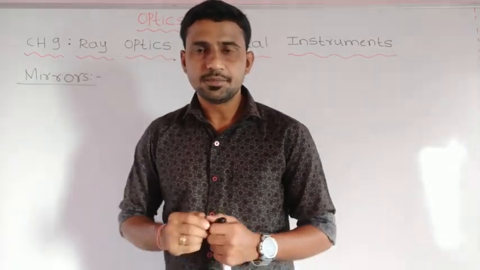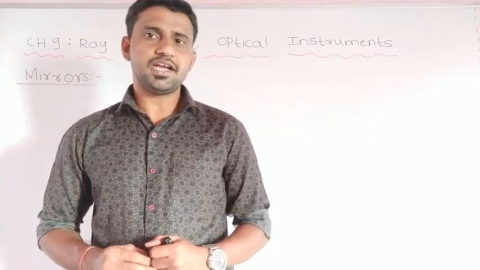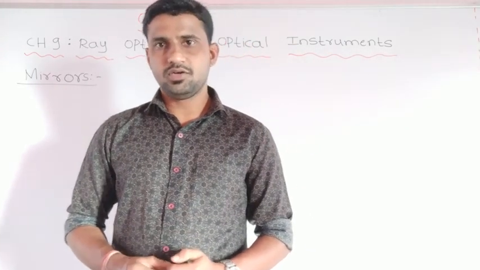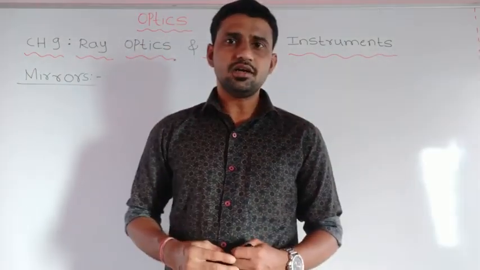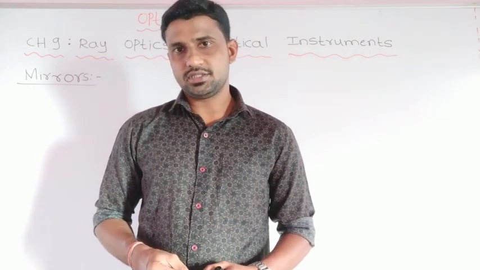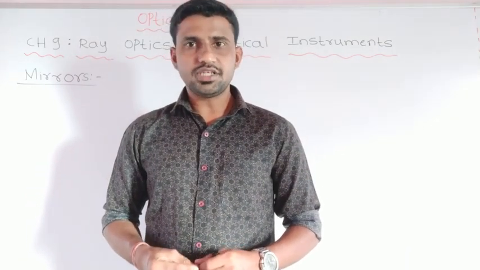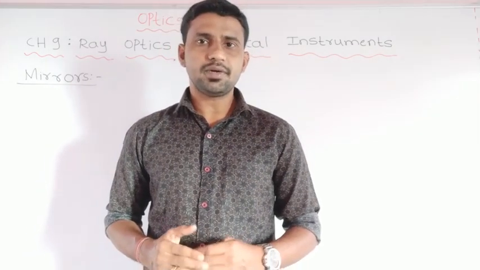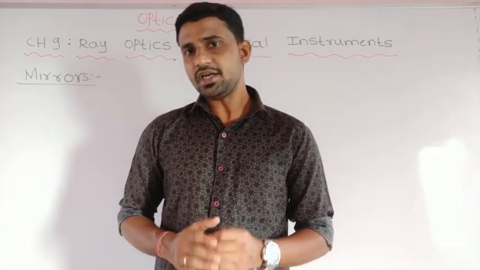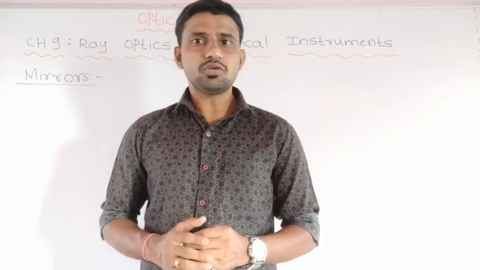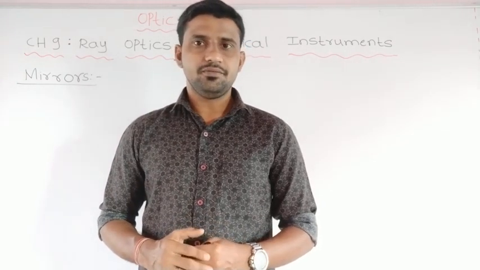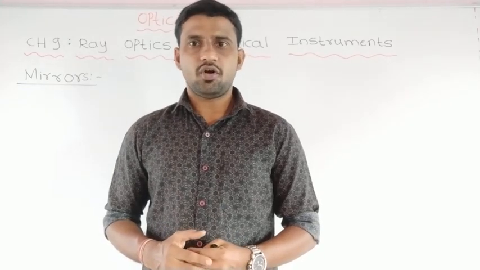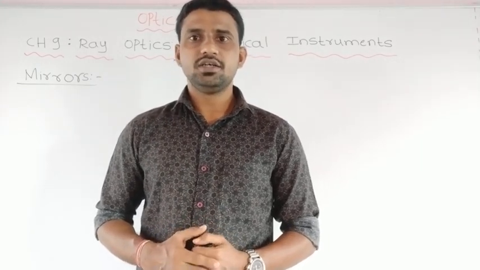Next concept is mirrors. In our day-to-day life, we are using mirrors for different purposes. For example, we use the mirror to see our images. Also, we use mirrors in vehicles. Then what do you mean by mirrors? A mirror is a smooth, well-polished surface which reflects almost all the light falling on it. Then it is called a mirror.